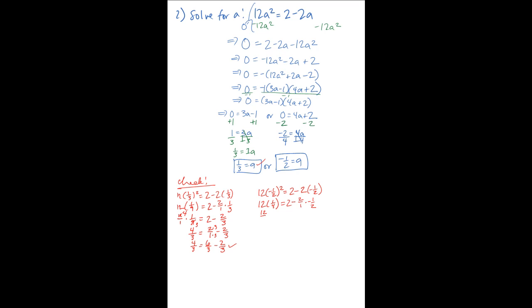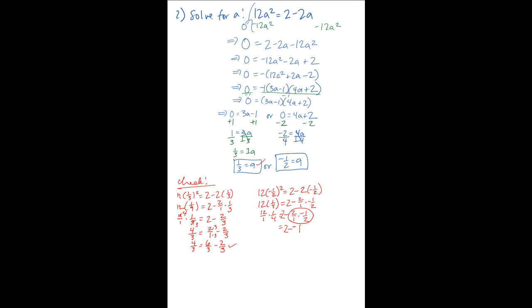I can write this as 12 over 1 times 1 over 4 equals 2 minus 2 over 1 times negative 1/2. Well, negative 2 over 1 times negative 1/2, those are just reciprocals. So we just get 2 minus negative 1, because 2 over 1 times 1 over 2 is 1.